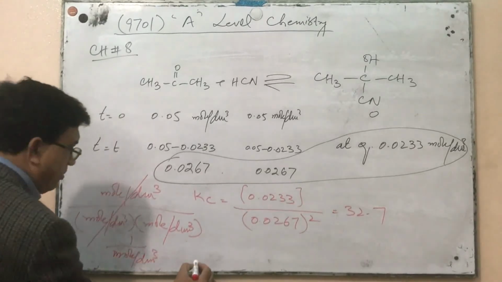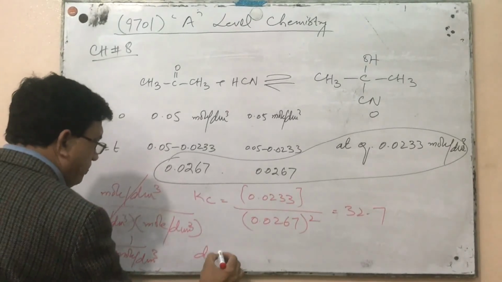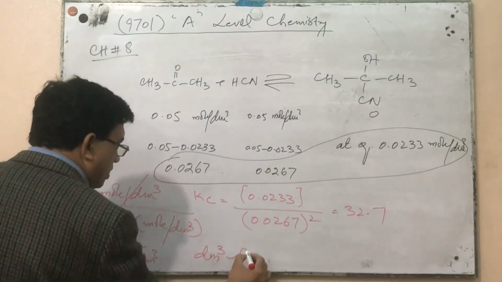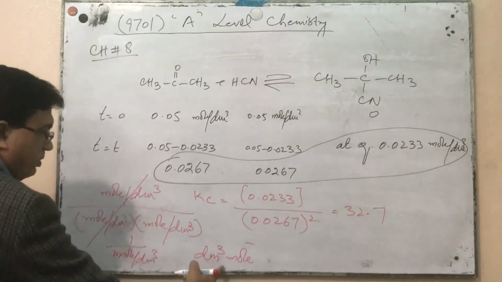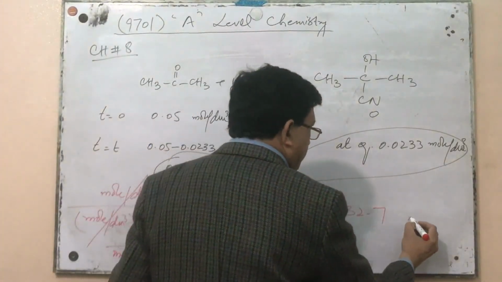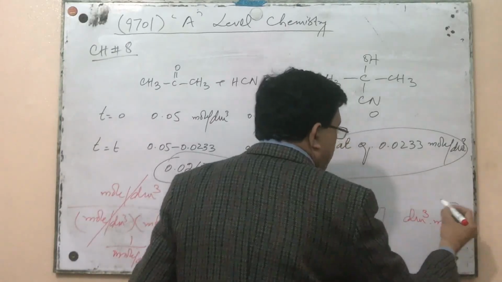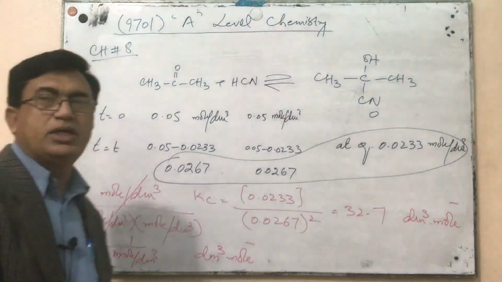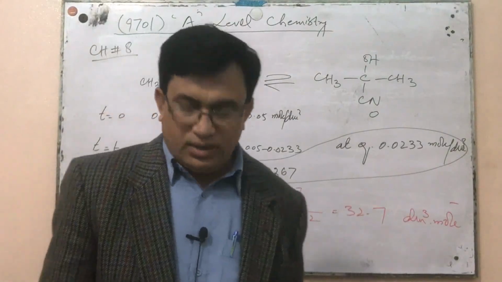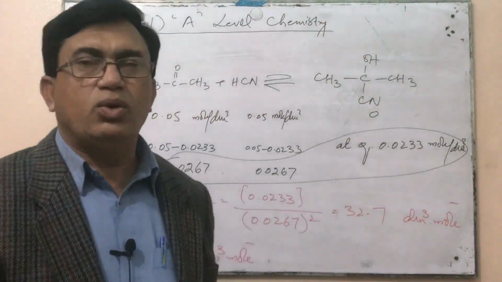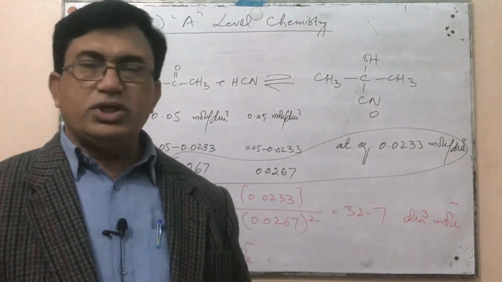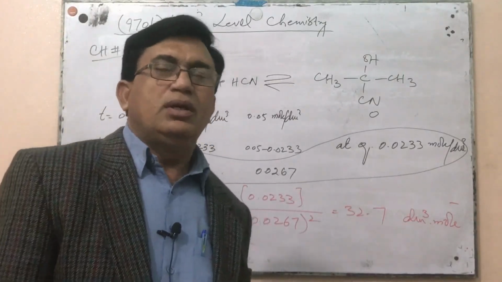So the unit will become dm cube mole inverse. This will be the unit for this equilibrium constant. I have explained the whole concept using this equilibrium constant expression. I thank you all.